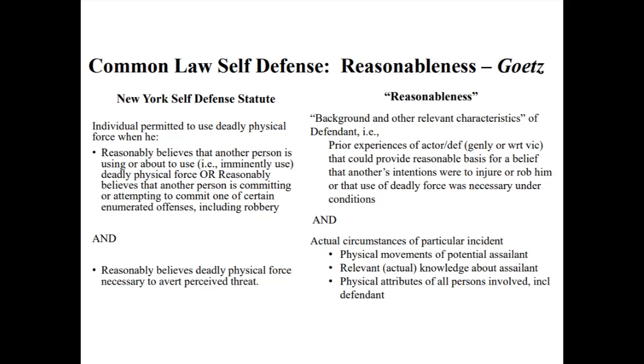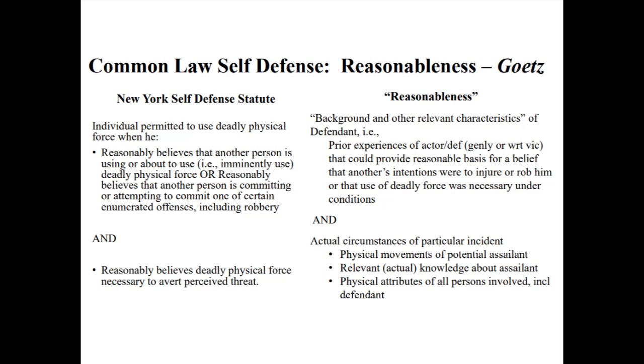Here, ultimately, the court concludes that the standard is objective. The court does recognize that New York's self-defense statute is modeled on the Model Penal Code. The New York statute does adopt most of the language of the Model Penal Code. However, the legislature inserted one word, reasonably. Thus, the court holds that under New York self-defense law, an objective standard is meant by the phrase reasonably believes.